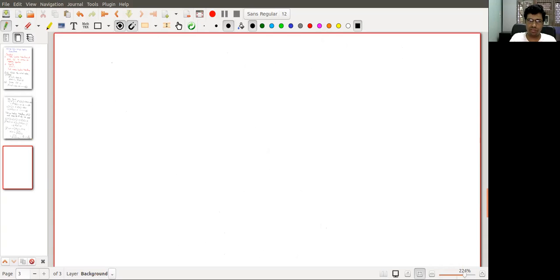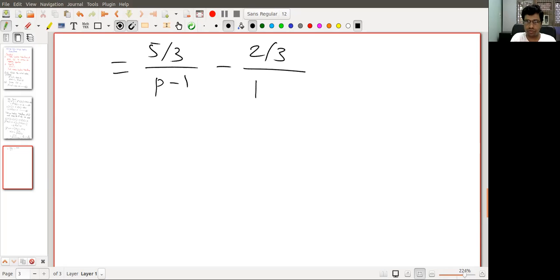This is 5 by 3 divided by p minus 1 minus 2 by 3 divided by p plus 2. And now we are ready to take inverse Laplace transform.